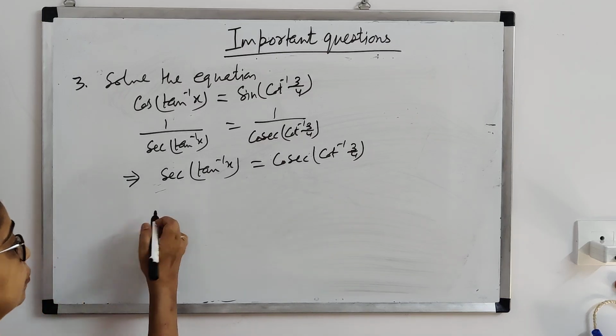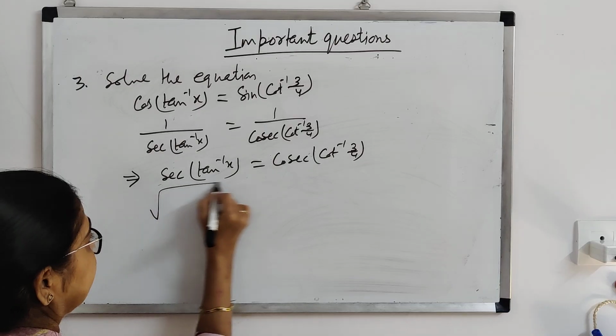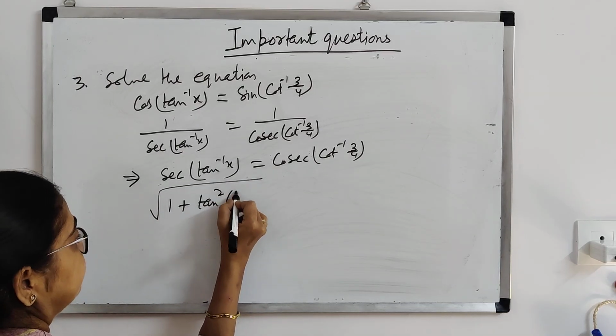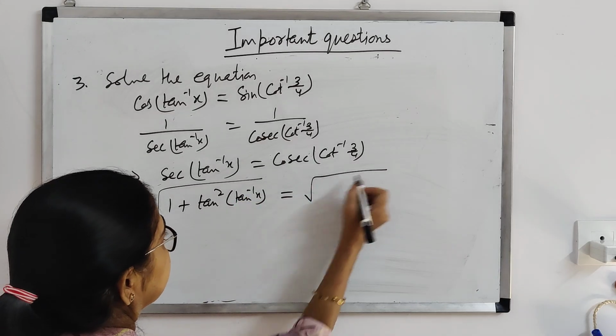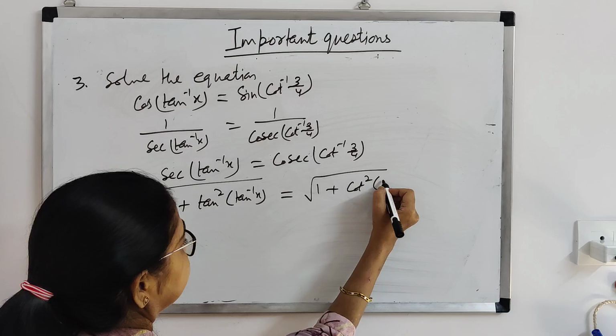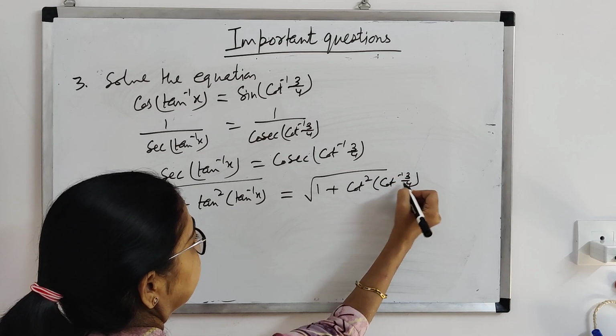So we know the formula, sec square theta is 1 plus tan square theta. I can write this as 1 plus tan square tan inverse x, and on this side 1 plus cot square cot inverse 3/4.